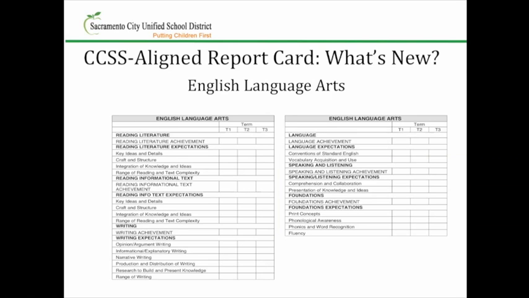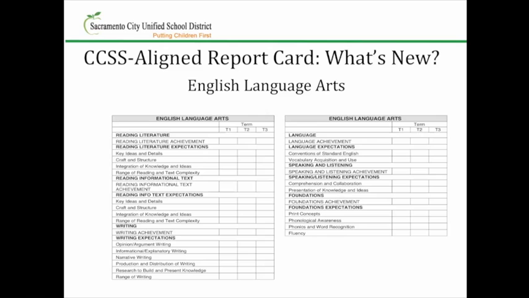Now let's take a look at where the items for the English Language Arts Standards document appear on the report card. The sample on this slide is for kindergarten, but is very similar to the other grade levels. The numeric mark is always recorded for the area with the word achievement in the title and is always in capital letters.